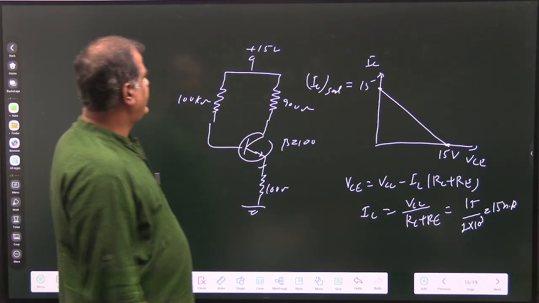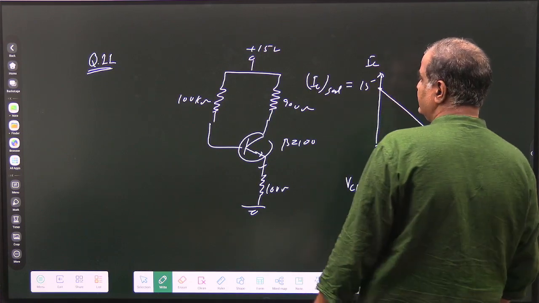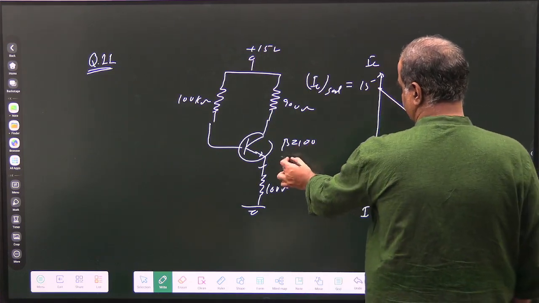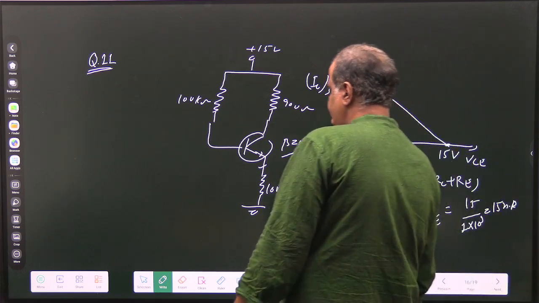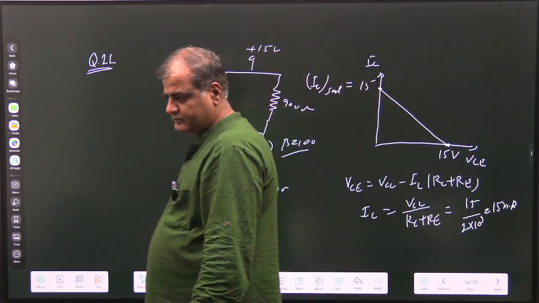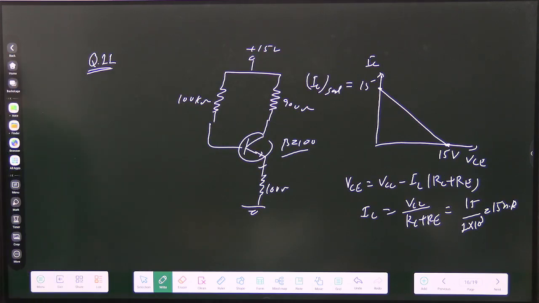So what is IB? Beta value is given, 100. Yeah, answer is A: 2 volt and 13 milliampere, almost 13 milliampere.